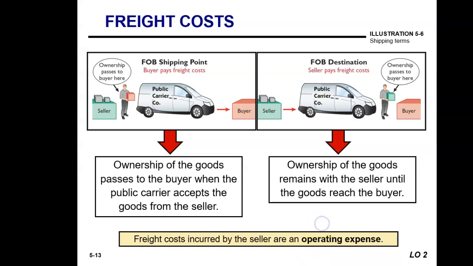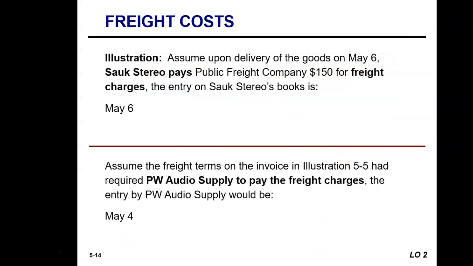Okay? So remember that we just bought those supplies previously. Sauk Stereo did, and there's a freight cost in the amount of $150. Assuming that the buyer is paying the freight cost, you would debit inventory and credit cash, because when the buyer pays the freight cost, the cost of the freight is included in the inventory account.